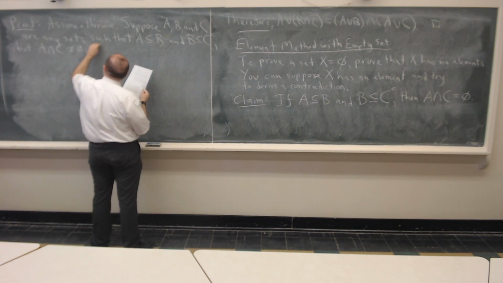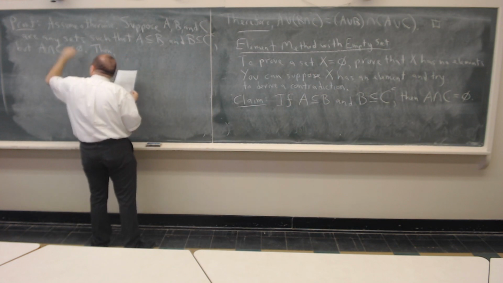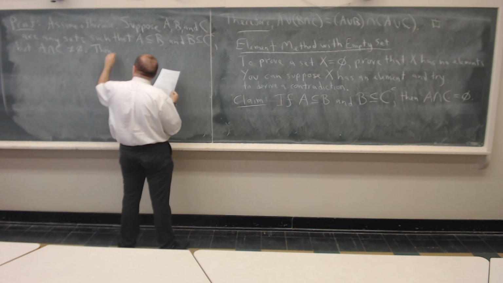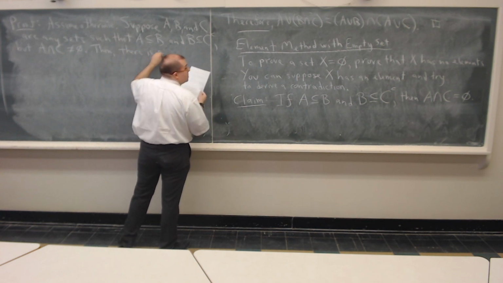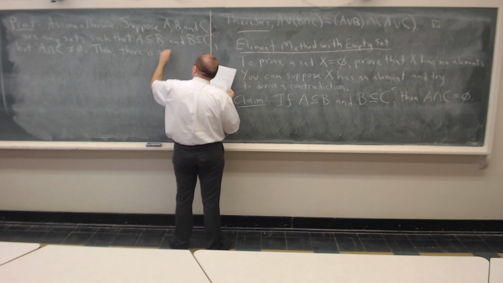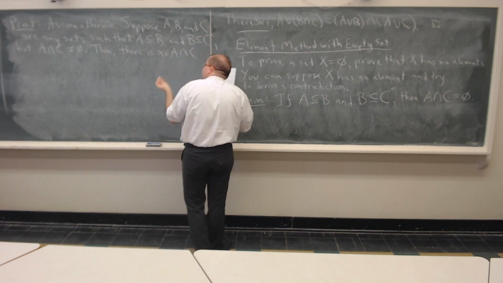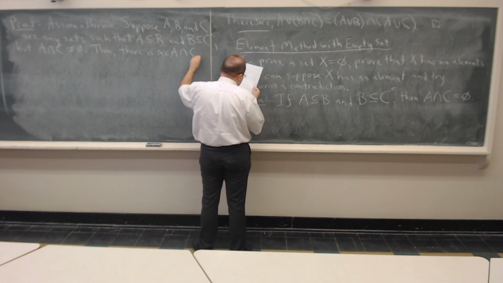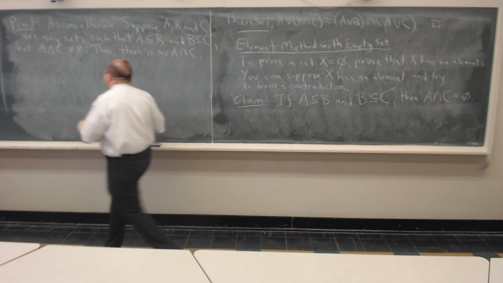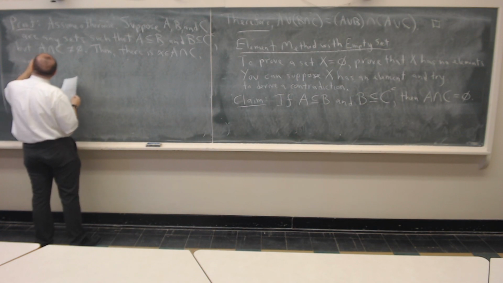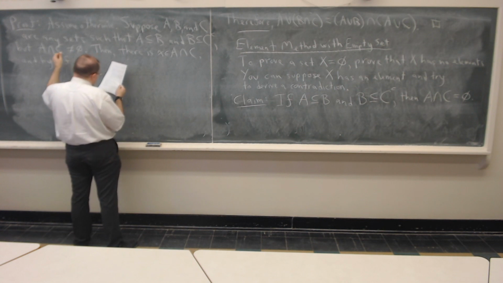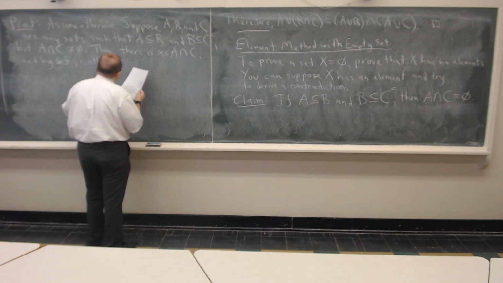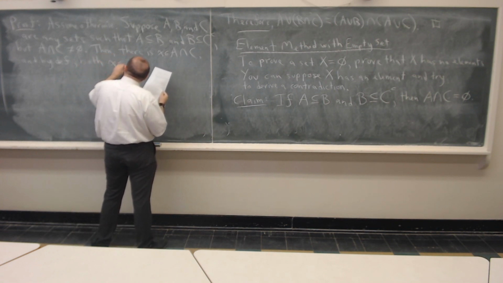Then, so remember, what does this mean? I've got to write out what that means. Then there is x in A intersection C. Remember, I'm assuming there's some element that exists in this resulting set. And by definition, both x is in A, right?